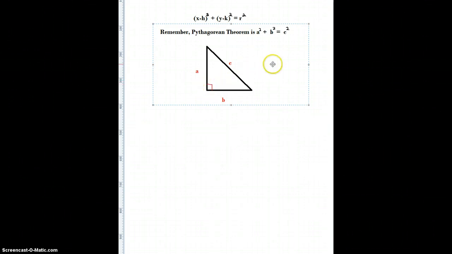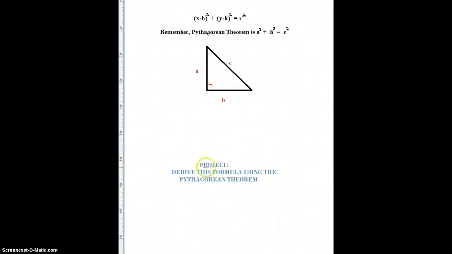So if you look at these two, you can see that they're similar. It's something squared plus something squared equals something squared. So the task we were given today is this: derive this formula for a circle using the Pythagorean theorem.